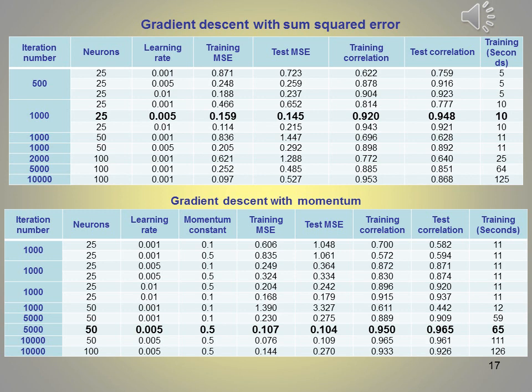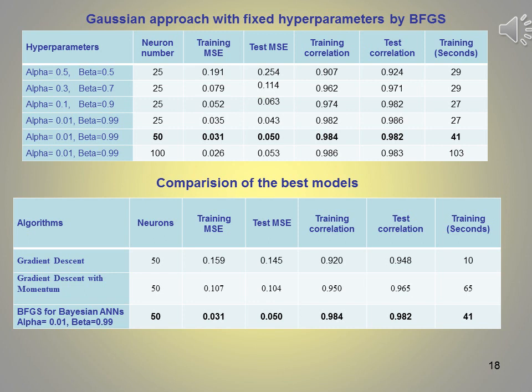Artificial neural networks were trained with different numbers of neurons and different tuning parameters. In the slide, the first table shows the results of the Gaussian approach with fixed hyperparameters, in which Bayesian neural networks were trained by BFGS. In this table, the row with bold characters gives the best results of the analysis.